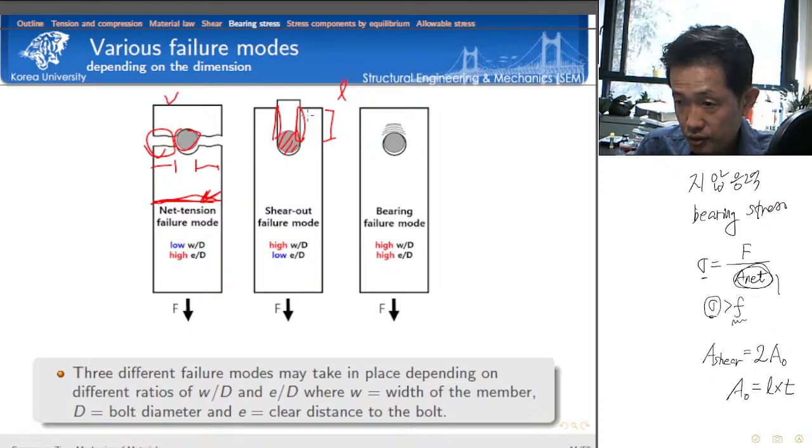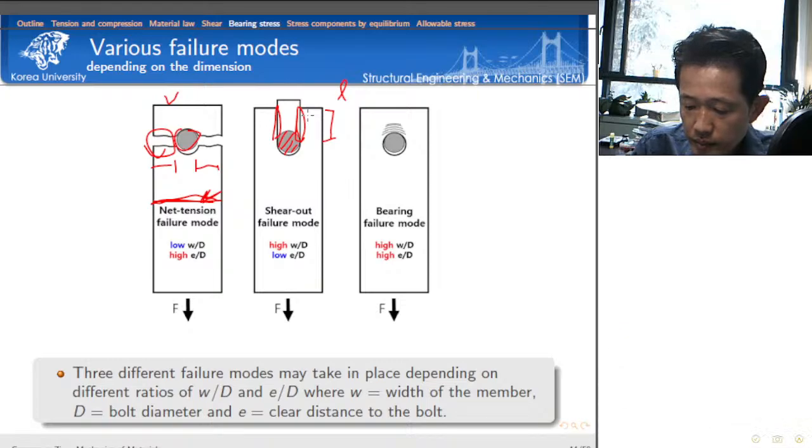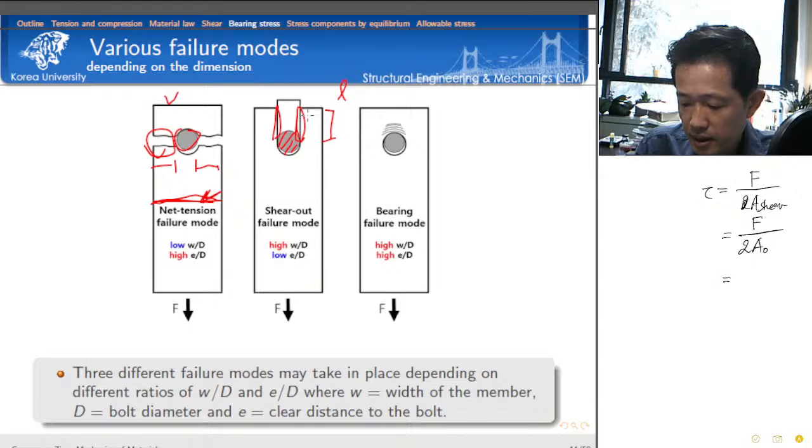Then we can calculate the shear stress very easily. Shear stress is equal to force divided by the shear area, which is F divided by two times the reference area. We calculate this reference area using the length to the free boundary from the bolt and the thickness of the member.